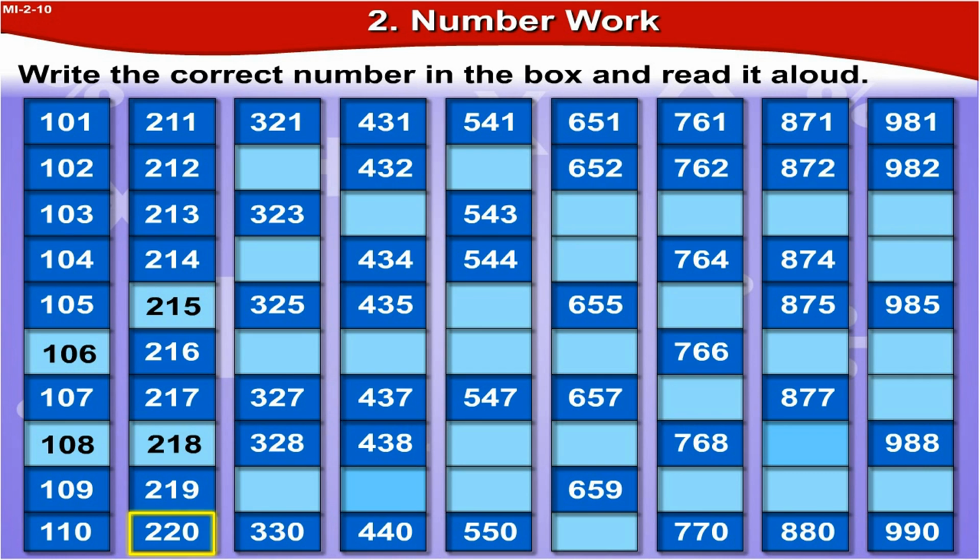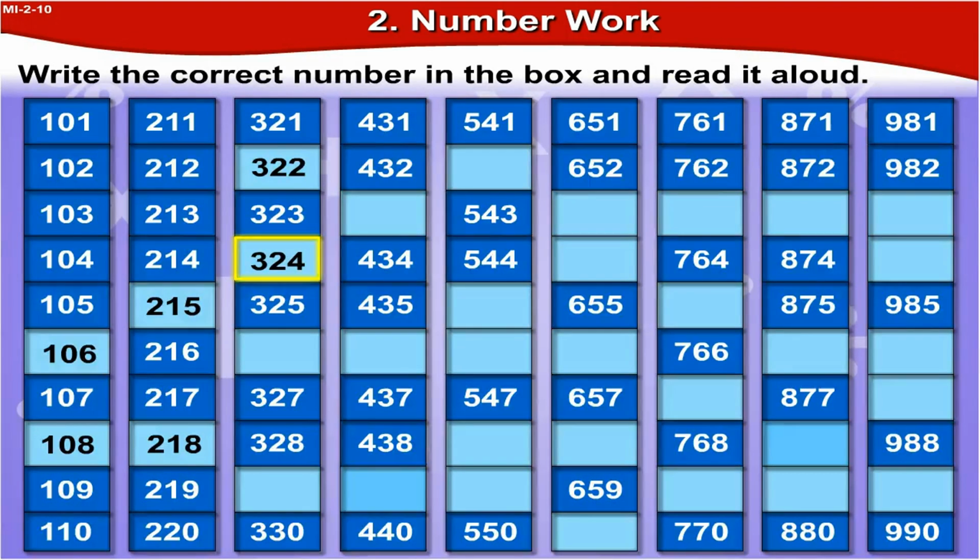Now let us see the next column. 321, box. After 321, we have 322. So in the box you will write 322, which is 322. Then 323, then there's another box. After 323, we have 324. So in the box you will write 324.